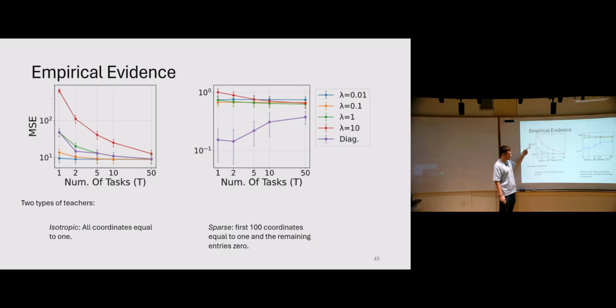isotropic teacher, the diagonal regularization matrix is inferior to the isotropic regularization matrix. Actually, in the general case, we would expect the diagonal to be at least as good as the isotropic case, right? But since it's MNIST data and it doesn't follow our statistical assumptions, we would expect the diagonal to not necessarily be the best.